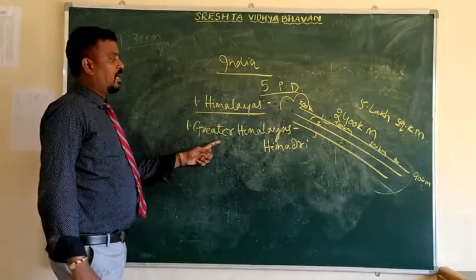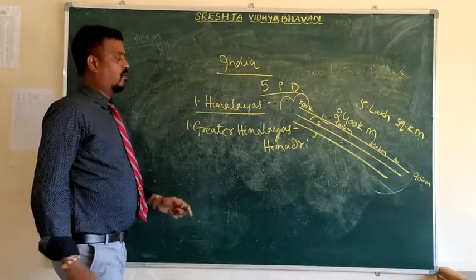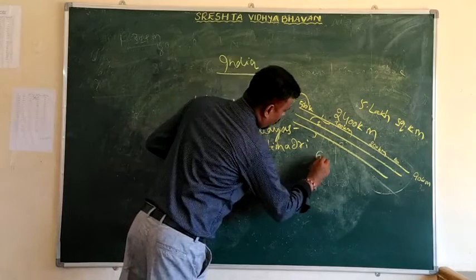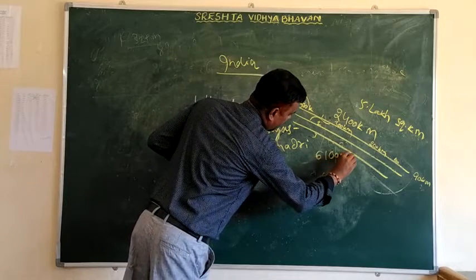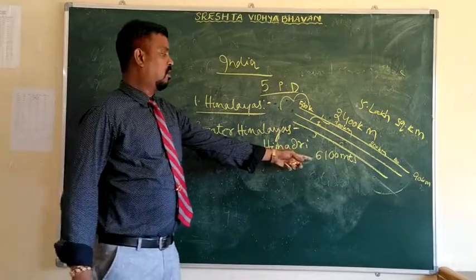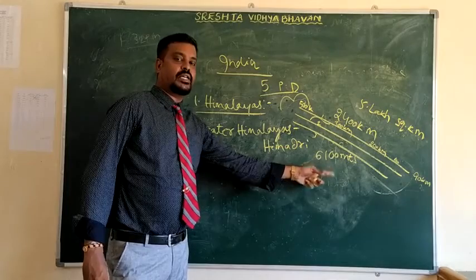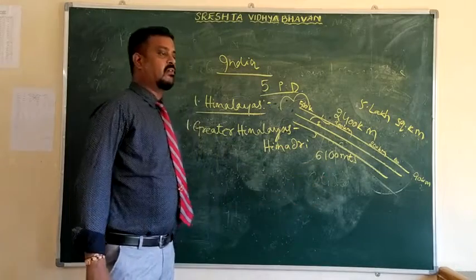The Greater Himalayas, or Himadri, extend from 6,100 meters above the mean sea level.